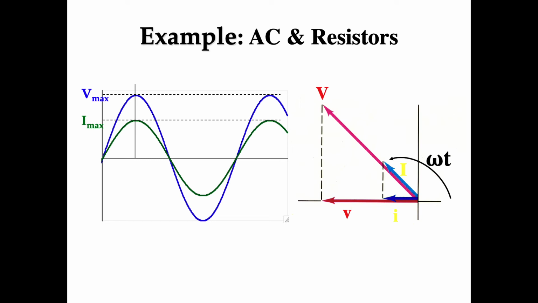Now the phasor diagram on the right represents the maximum voltage and the maximum current. They're at the angle omega t. It also shows you the projections of V and I onto the x-axis. Those vectors you see along the x-axis represent the actual value of the voltage or current at that particular time. Are we clear on that?